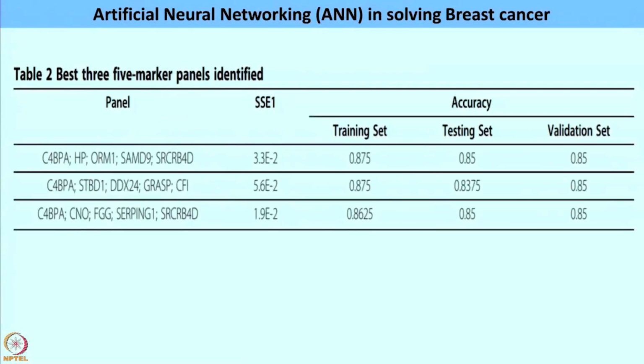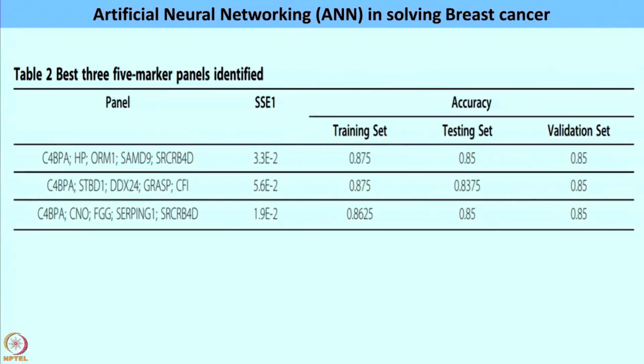So, this artificial neural network gave 3 panels with 5 markers each and with an accuracy of more than 85%. Further, these panels were taken forward and checked in a large cohort of samples to validate the data.